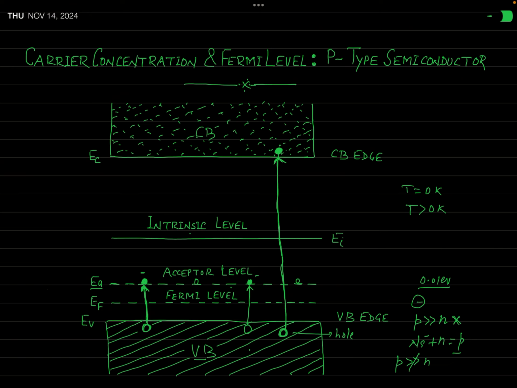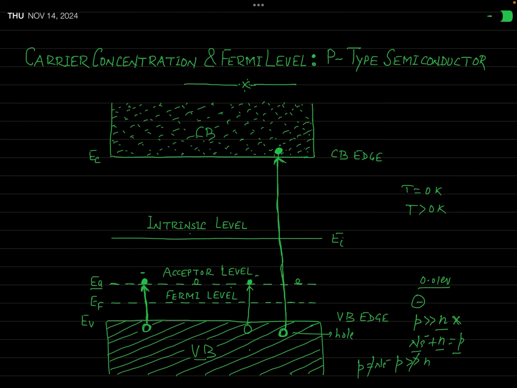Okay, and when this condition is not valid, then you cannot neglect this N with respect to this Na minus, and so you cannot write that P is almost equal to Na minus.